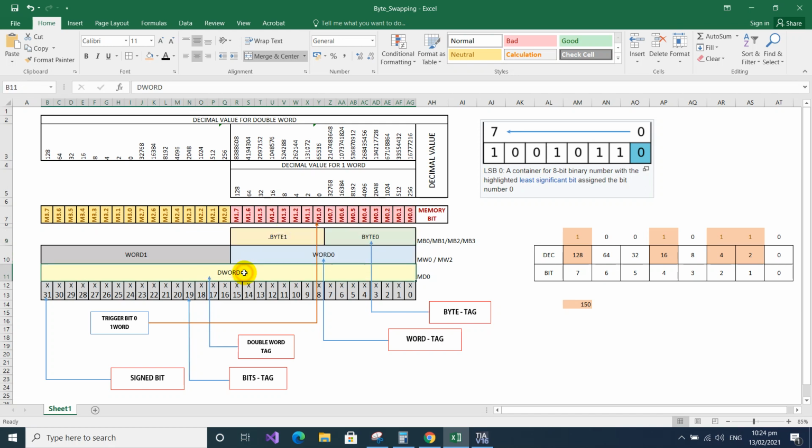And then double word, of course, from the word itself, double means 2 words. So in one word, since you have 8 bits in one byte, one word is equal to 16 bits, and then double word is equal to 32 bits.